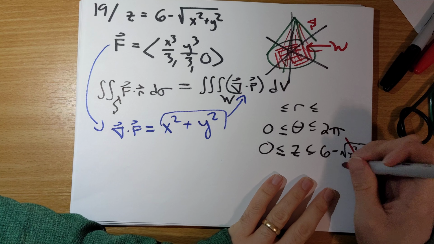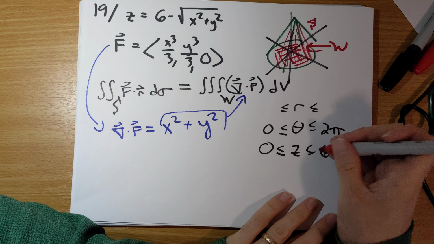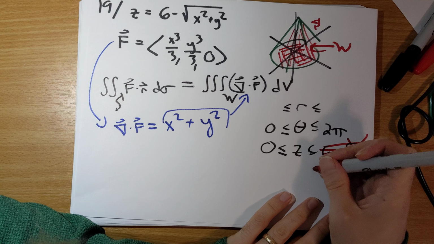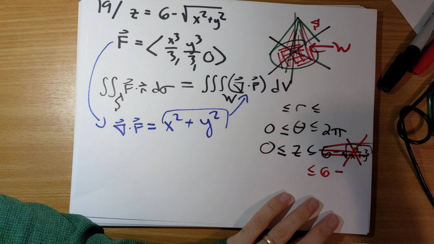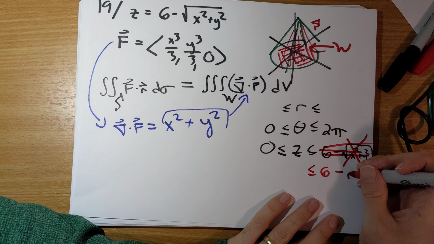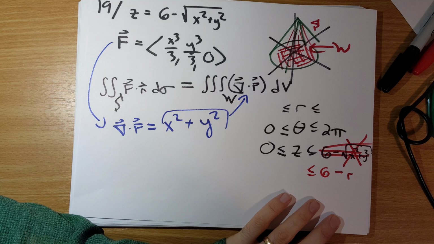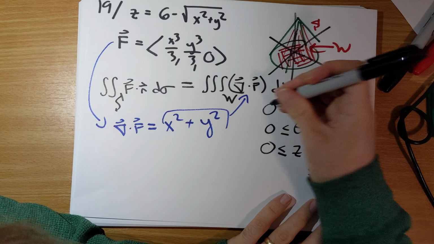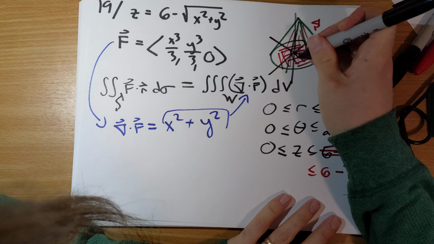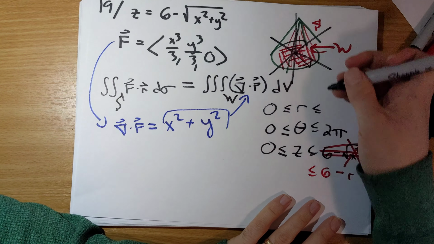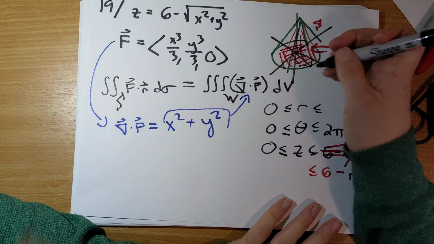I should have been paying more attention to this. Of course, we need to convert to cylindrical coordinates here. The square root of x squared plus y squared in cylindrical coordinates is just r. The smallest r can be is 0. The biggest r can be, well, remember r is the square root of x squared plus y squared.